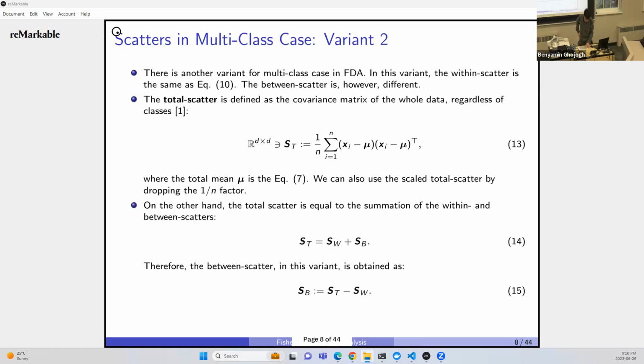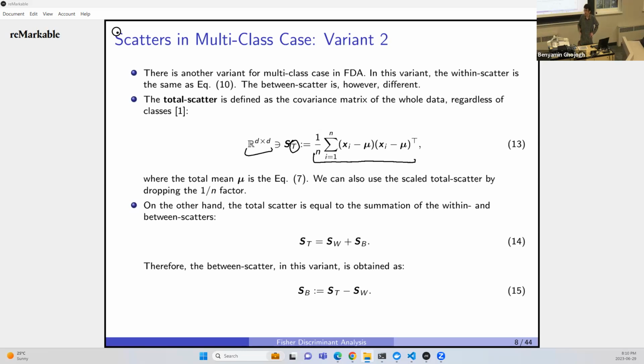Another variant of FDA exists that uses total scatter. What does it do? So what is total scatter? The covariance of the whole data, regardless of the classes. I call it ST, standing for total, which is D by D, right?